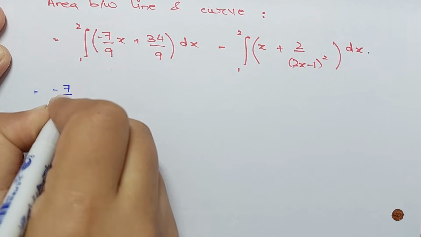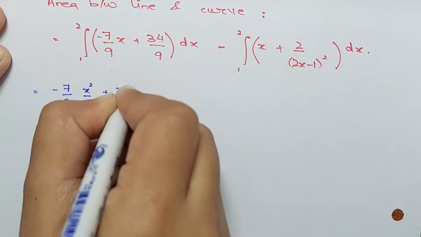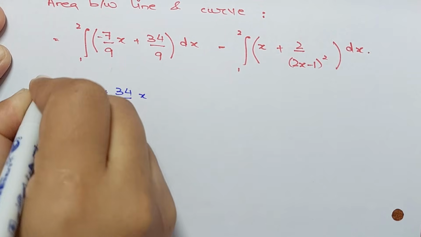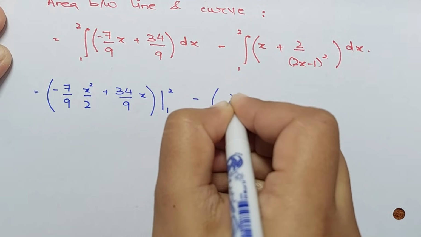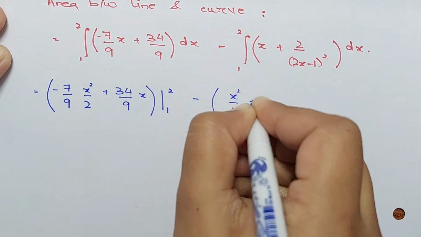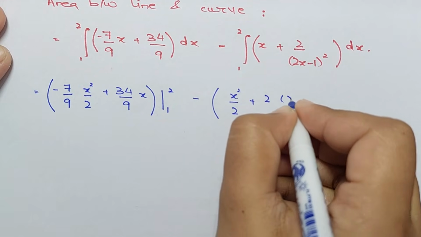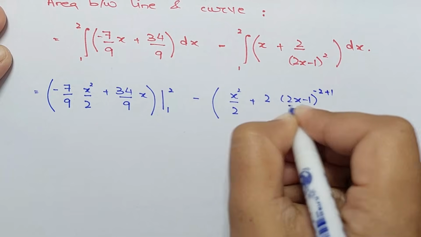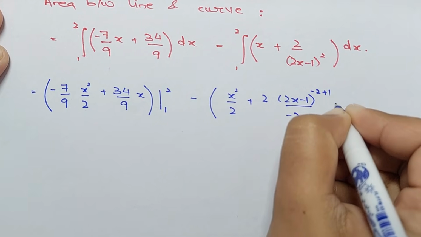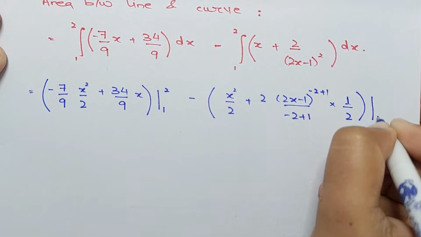Minus 7 by 9 x integration is x to the power 2 by 2 plus 34 over 9 x. The limits are from 1 to 2, minus here x square divided by 2 plus 2. Here we apply the power rule, right? So 2x minus 1, its power is negative 2, plus 1 over negative 2 plus 1, multiply 1 over the derivative of this function, which is 2, from 1 to 2.